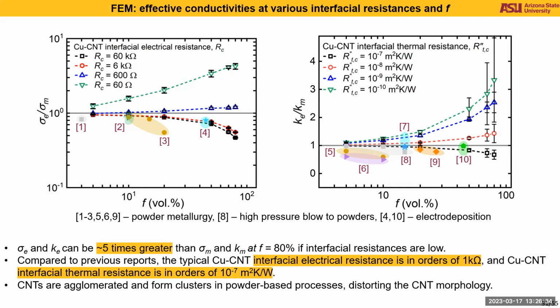As we can see, if the copper CNT interfacial resistance is well regulated, adding CNTs has a desirable effect, and that basically improves the overall effective conductivity of the composite. On the other side, if the copper CNT interfacial resistances are poorly regulated, we see a monotonic decrease in the conductivities as you add more CNTs into the microstructure.